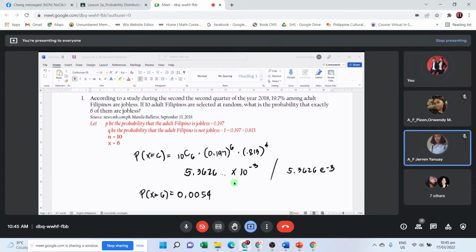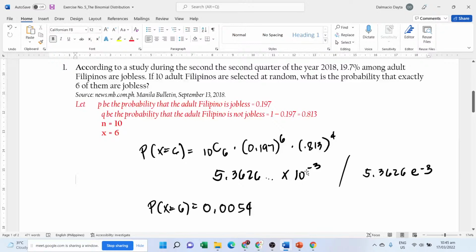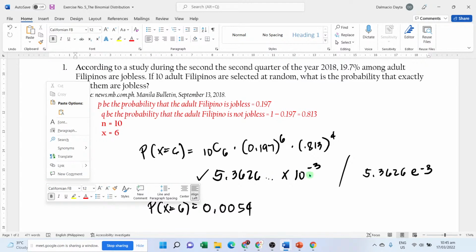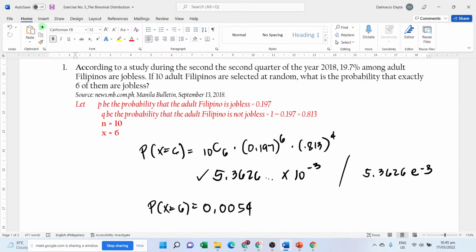Opo, sir. Okay. So that means, yung exponent na negative, actually, if your answer is like this one, I will accept already. Kaya lang, since kinukuha natin yung exact value, that negative means you have to move the decimal point 3 places to the left.